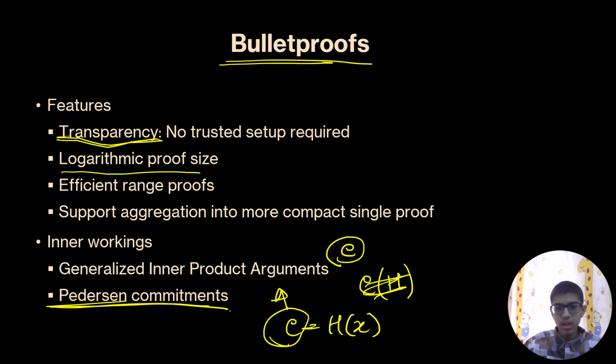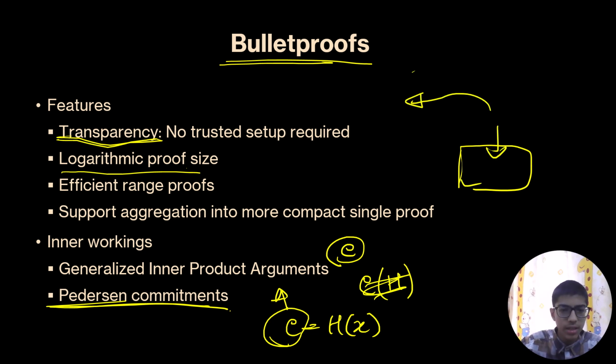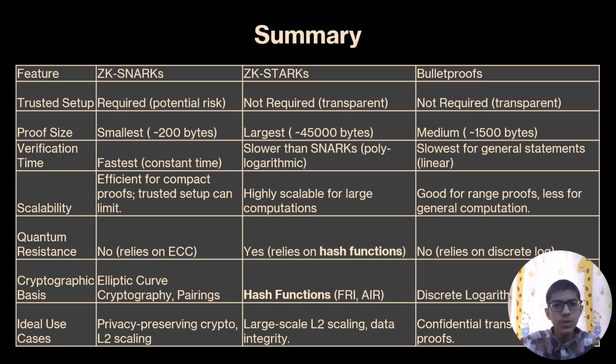So it is like putting it into a lock and handing over the key to the prover, who cannot open it until he has the answer to the question. So here you can refer to them in a summary.